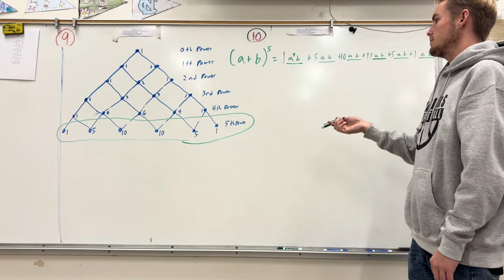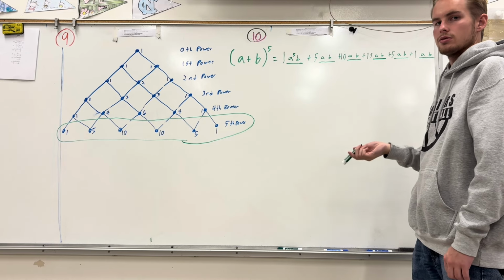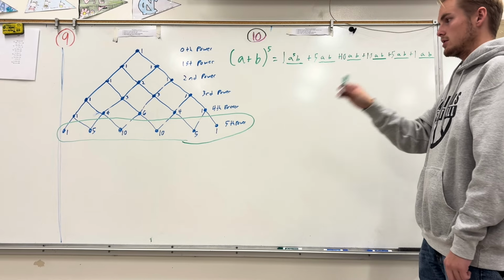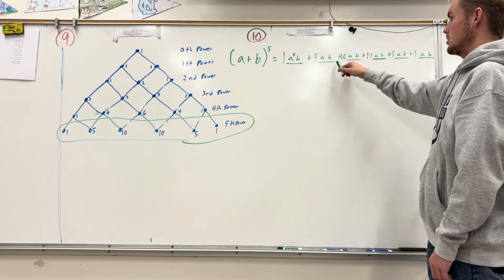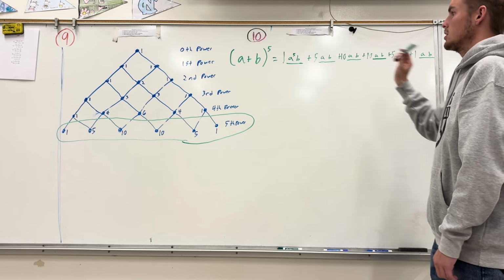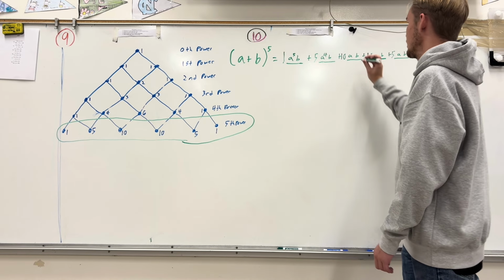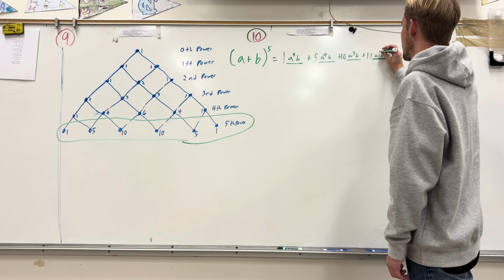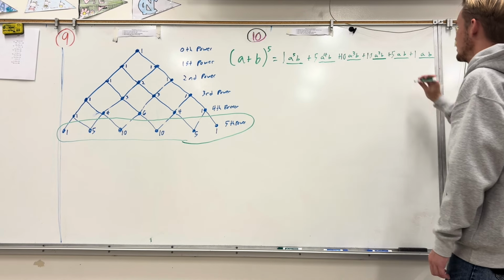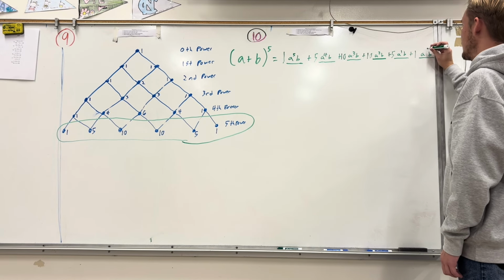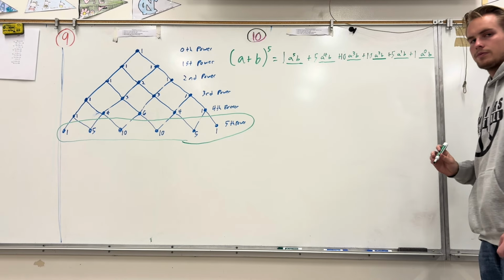And then after that, you're going to use what you learned in preschool and count down from 5 to 0, and label the following A's to those degrees. So this is A to the power 5, the second one is A to the power 4, the third one is A to the power 3, the fourth one's A squared, the fifth one's A to the power 1, and the last one's going to be A to the power 0.